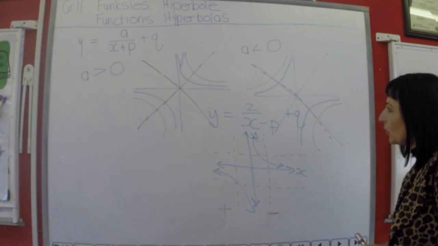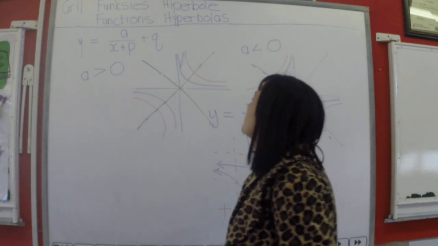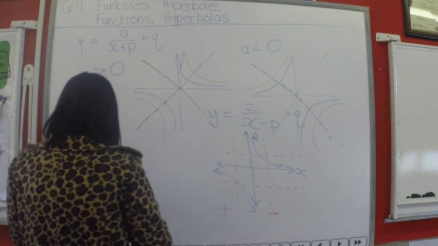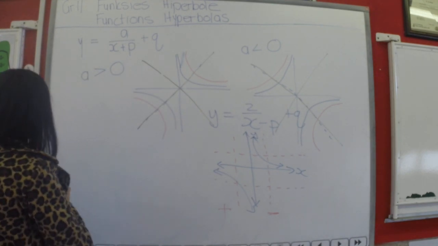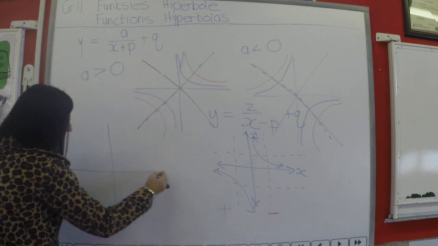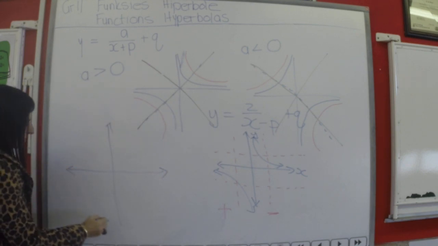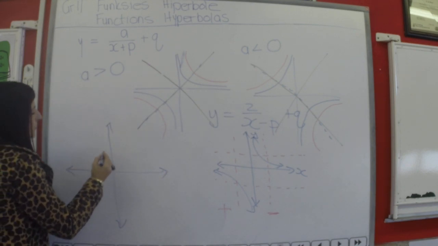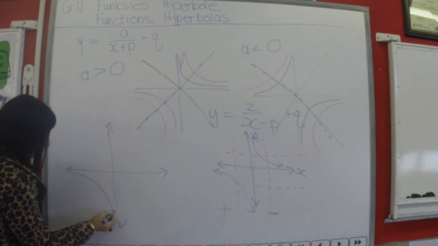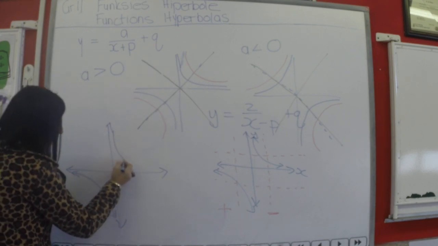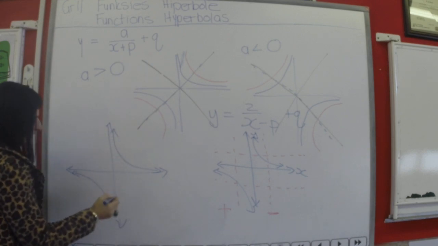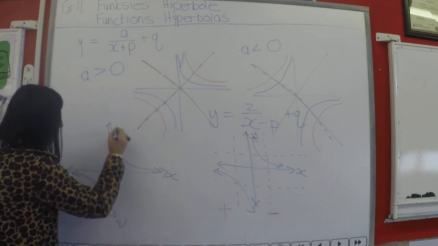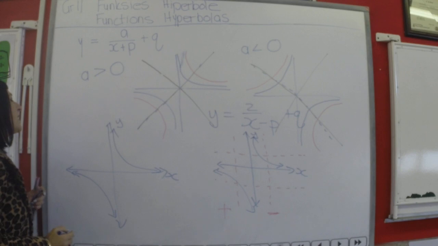Okay, that's very important. So if you look at your mother function, ons moeder, dan gaan ons nou kyk, as ons gaan kyk na sy asymptote, kom ons doen ons gewone moeder hiperbool, waar lê hy? We've done that in grade 10, dis die x-as, dis die y-as, so wat is my asymptote?